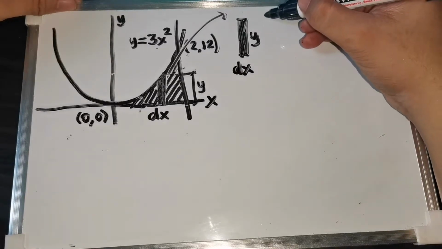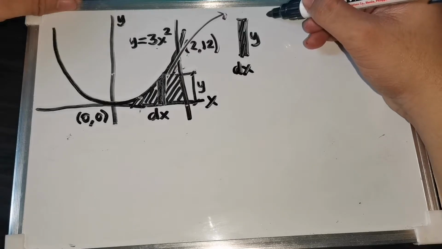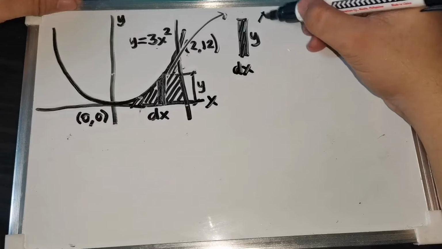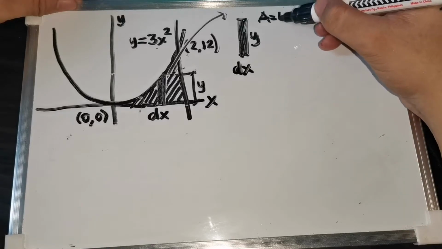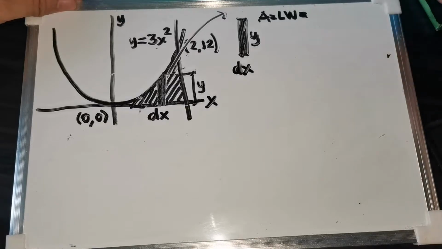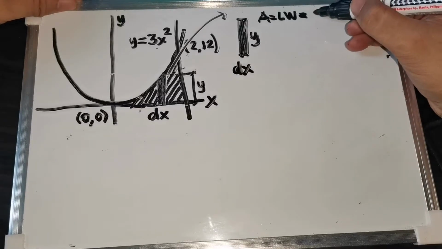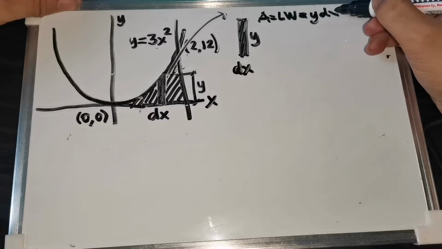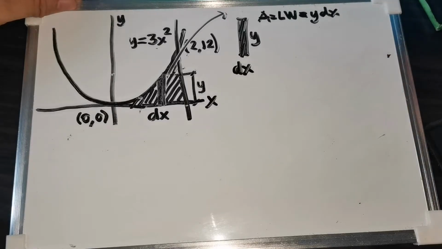So applying again the concept of area, in finding the area of a rectangular shape in geometry, your area will be equal to length multiplied by width. In this case, your length is y, and your width is dx. But again, we're dealing with an irregular curve.